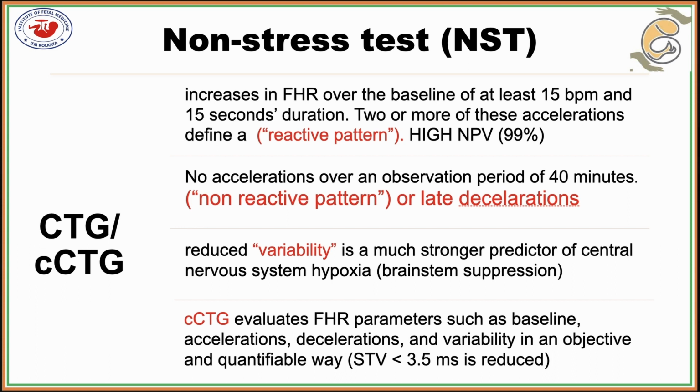One is your variability and the other is your decelerations. Variability can be subjective. To you it may be variable, to someone else it may not be that variable. So based on variability you cannot determine the delivery threshold or plan delivery. But if it is deceleration, a late deceleration that points towards acidosis, then you have to plan for the delivery.